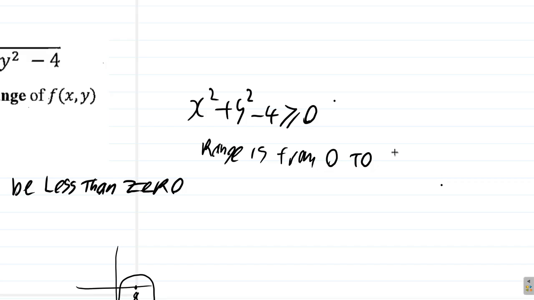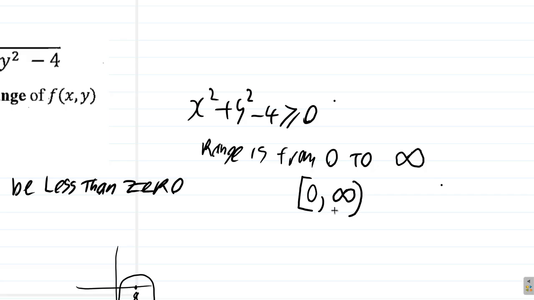So you cannot go below 0, but you can go up as high as you want. So in this case, it's to infinity. The range is from 0 to infinity.